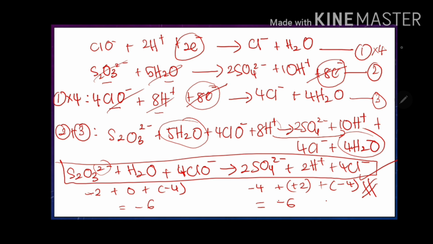So note that in acidic medium means you can see H+ ion exists in this equation. That is the meaning of in acidic medium. Alright, so you have done the correct balancing equation.